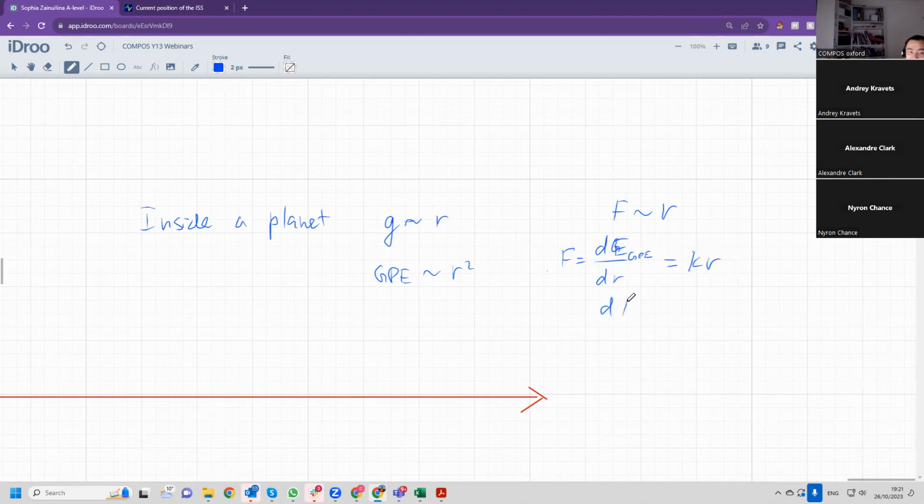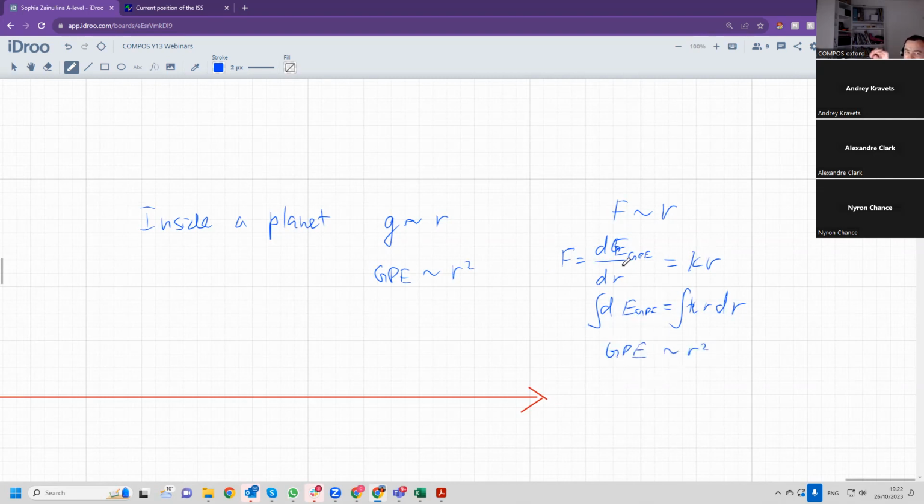In other words, dGPE is equal to KR dr. And if you integrate that, you will get R squared. So GPE, gravitational potential energy, which is this integral, is proportional to R squared.